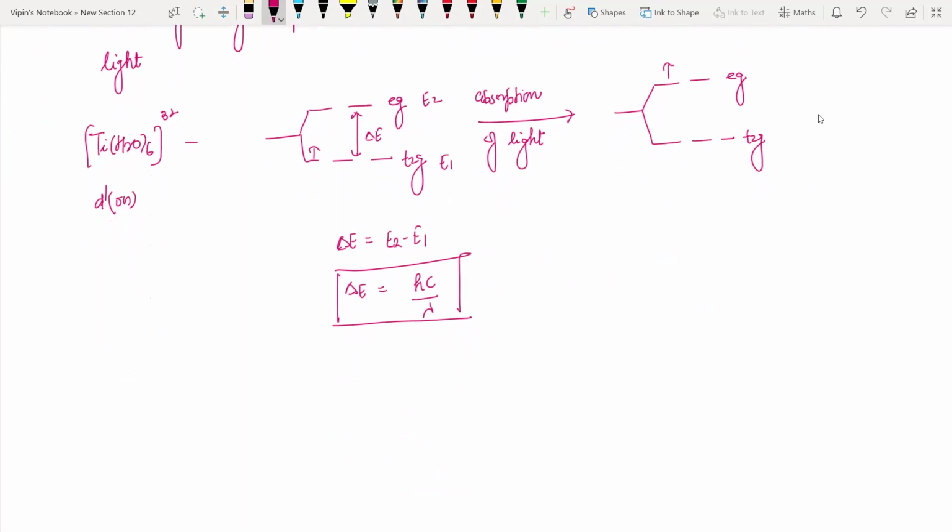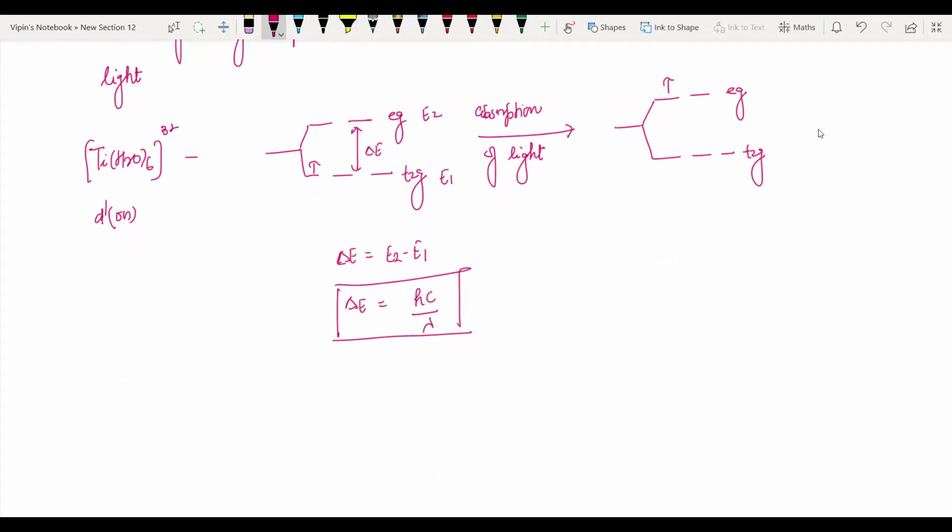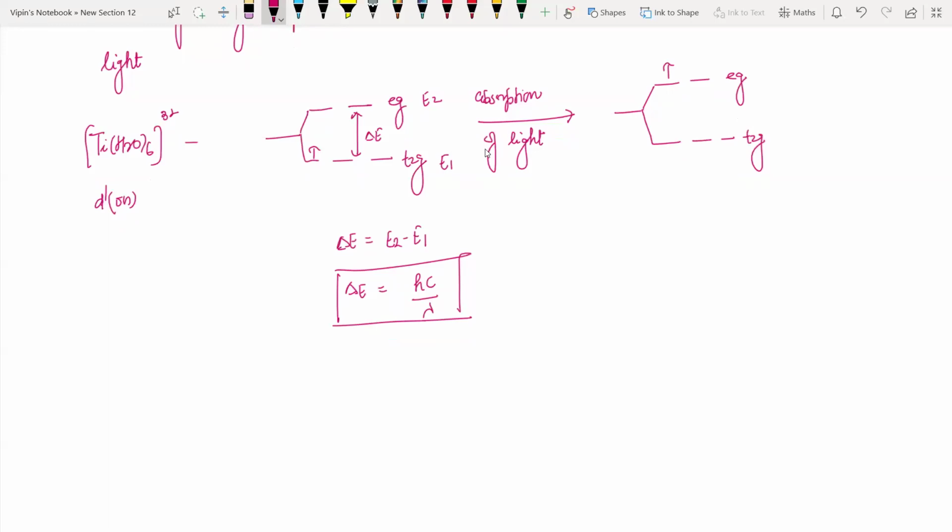And when any complex absorbs light, it is the reflected light that is seen by our eyes.